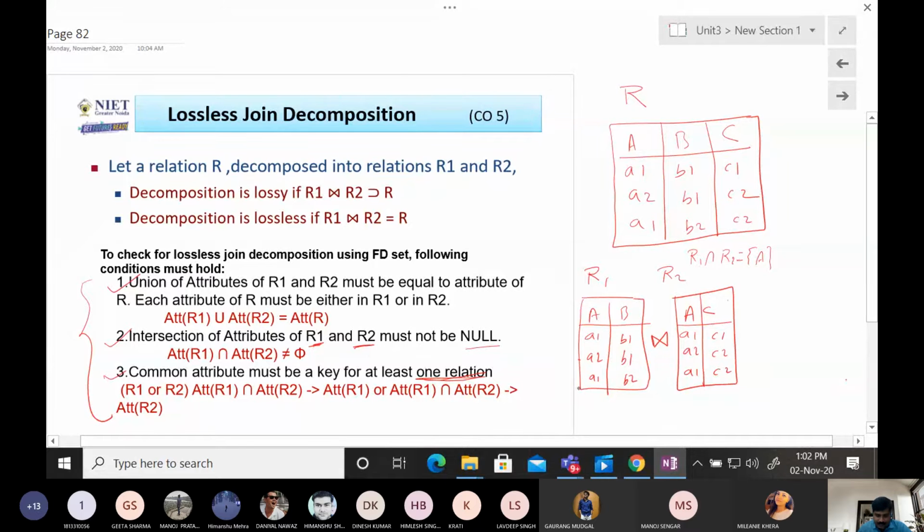By seeing the tuples, you can identify whether A is a candidate key of R1 or not. See all the tables and then tell me.